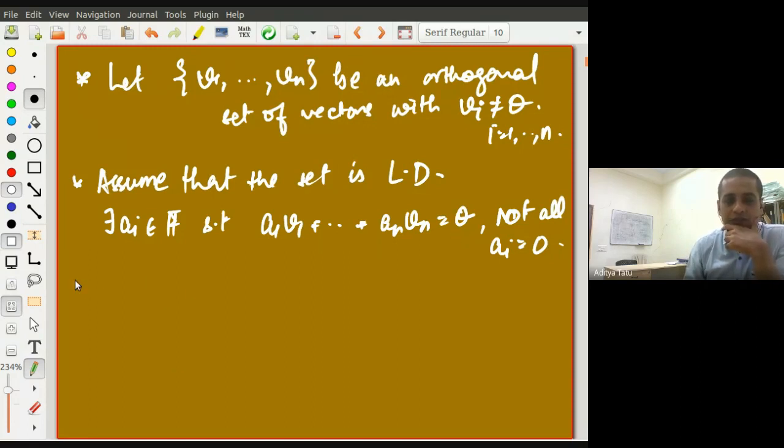Then what happens if I take the inner product with v1 on both sides? What happens to the left hand side?